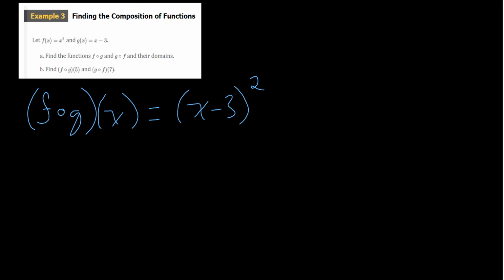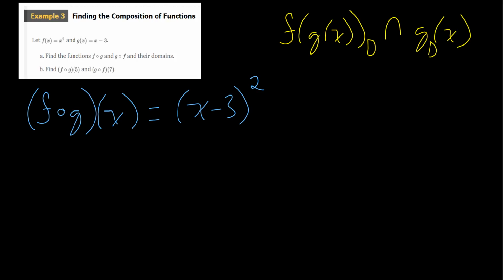The first thing we're going to do is, I said we're going to find the domain of f of g of x intersected with the domain of g of x. I'm putting a little subscript d there, denoting domain.